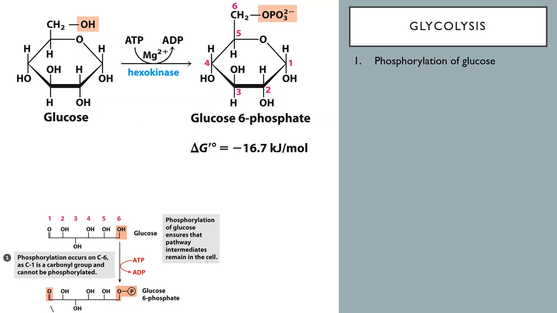So glucose gets phosphorylated in the first reaction on the number 6 carbon by an enzyme called hexokinase, and so this requires a molecule of ATP. And so this is what the reaction looks like up here. So hexokinase basically adds a phosphate to the number 6 carbon.